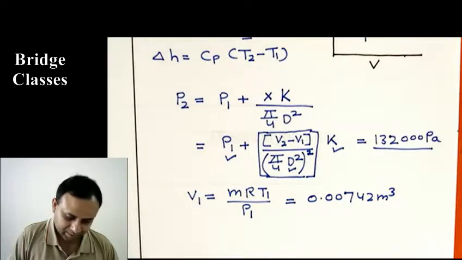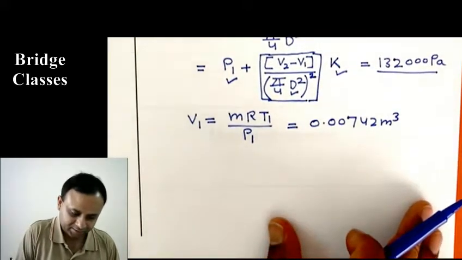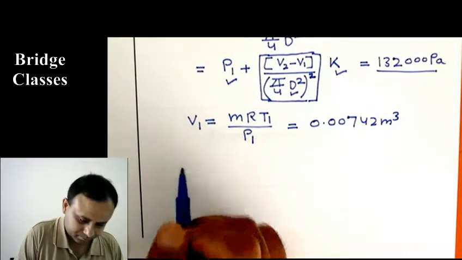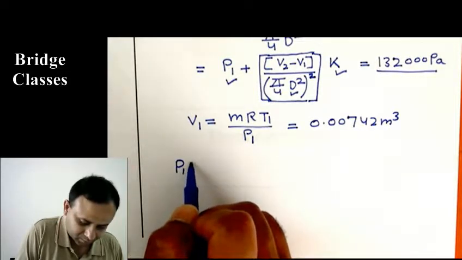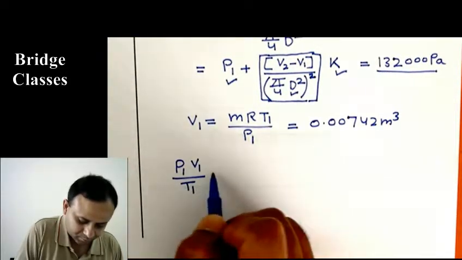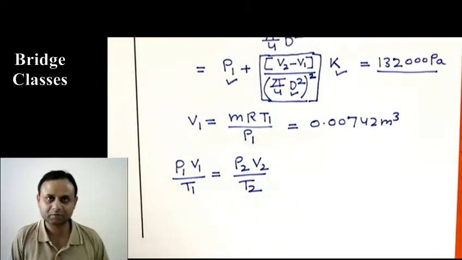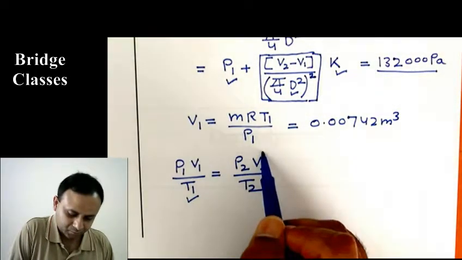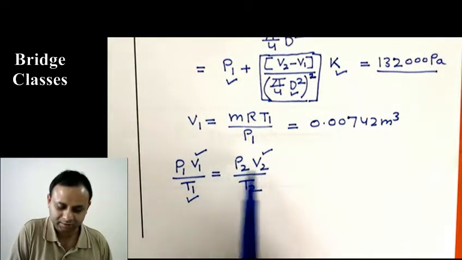Okay, and once we have P2, we can get T2 based on P1 V1 over T1 equals P2 V2 over T2. Okay, we can use this. We have T1, V2 and V1. V2 is 1.1 V1, so we know their ratio.